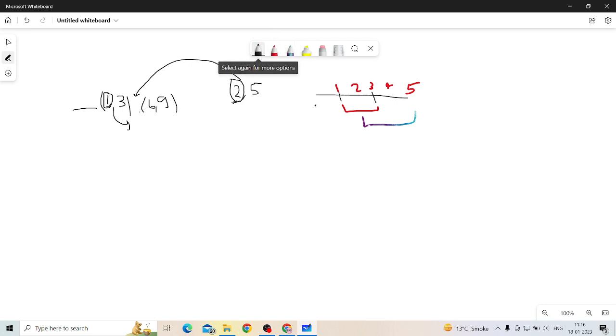If I say you have to merge them, then you would say take from 1 to 5.